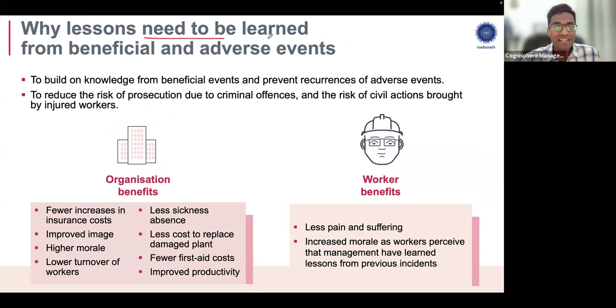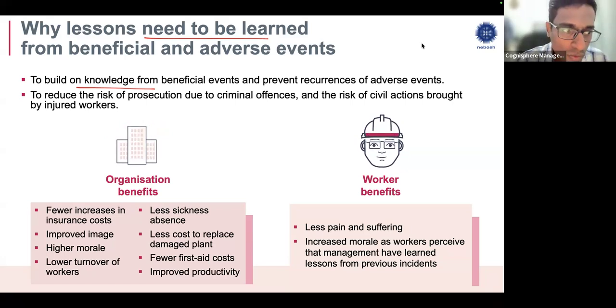Why lessons need to be learned from beneficial and adverse events: to build on knowledge from beneficial events and prevent recurrences of adverse events. With those numbers and data, we are building knowledge. Like I said, I want to know at what time of the day more incidents are recorded.